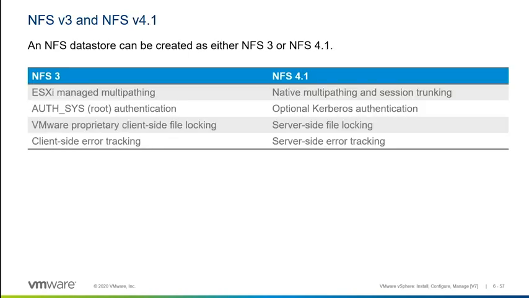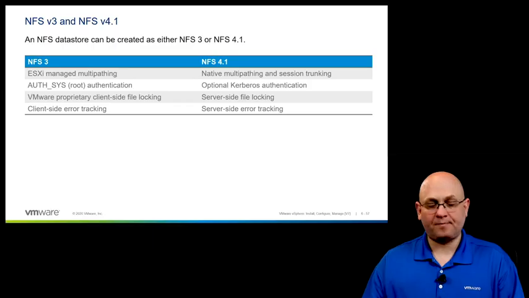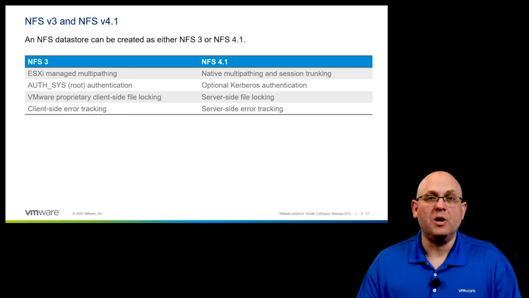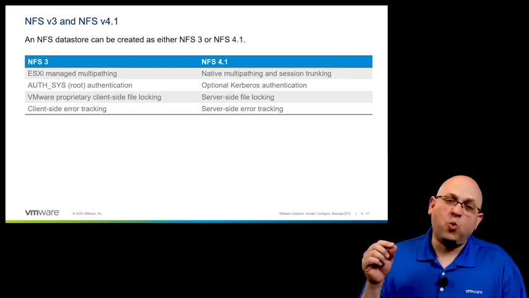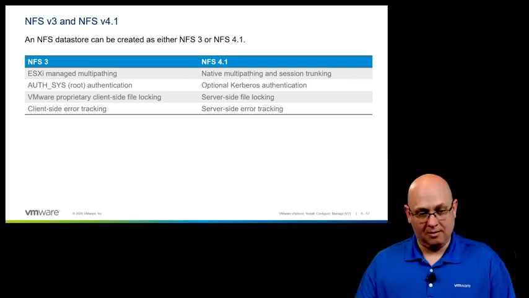Now, there are a couple of different versions of NFS, like I said before, that are supported by ESXi. There's NFS version 3, which has been around forever and ever and ever. And then there's NFS version 4.1, which is a little bit more advanced. Let's compare the two a little bit here, but there's one simple takeaway here.